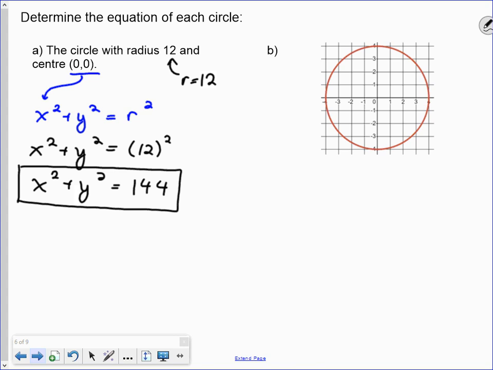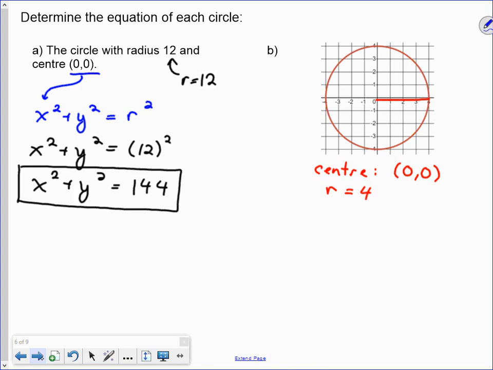Okay. In B over here, they just give us a graph or a diagram of the circle here. But just looking at this, we know that the key things that we need here are the center and the radius. Our center is at (0, 0), and our radius is, well, the distance from here to here is going to be 4.